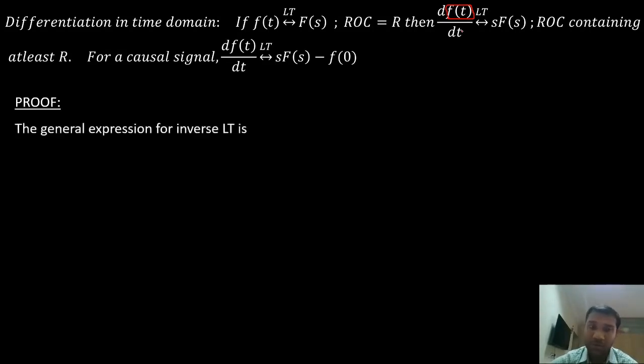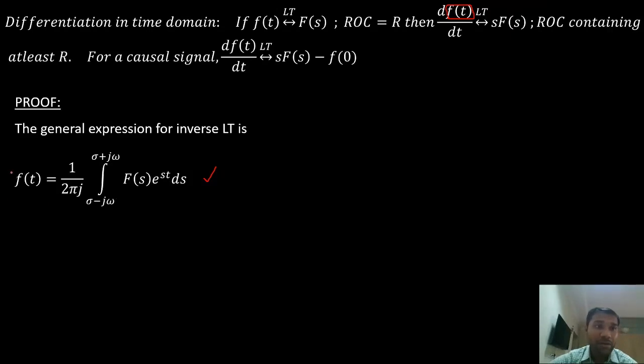The expression is f of t equals 1 by 2 pi j integral from sigma minus j omega to sigma plus j omega of F of s e power st ds. This is the general formula for the inverse Laplace transform.